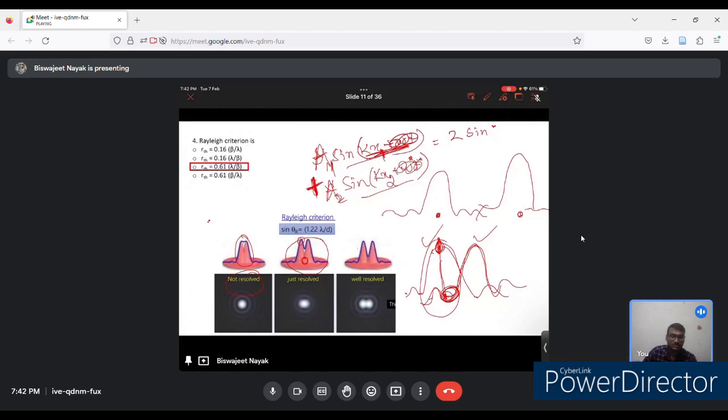So this is C, this is D. So (kx1 plus kx2) by 2 times cos (kx1 minus kx2) by 2, and the amplitude will be 2 a1 a2. This kind of stuff you will get if you consider the wave equations. Got it?